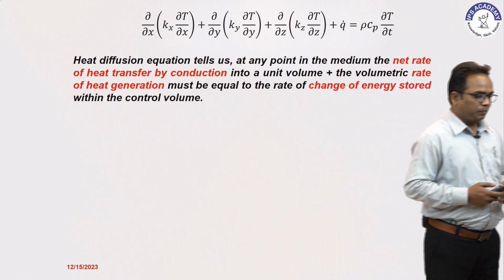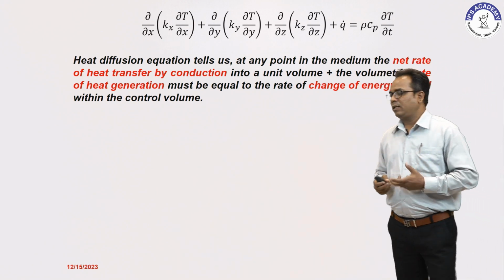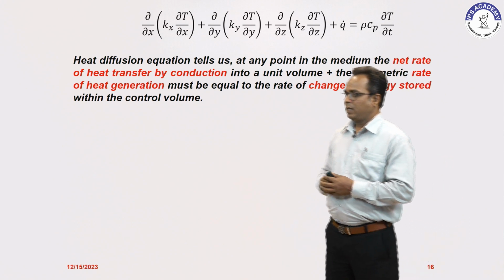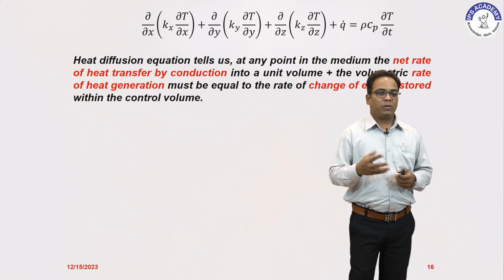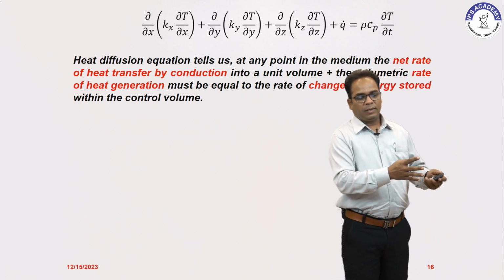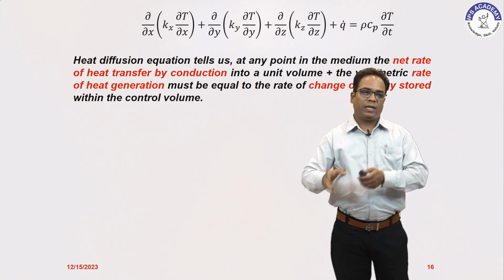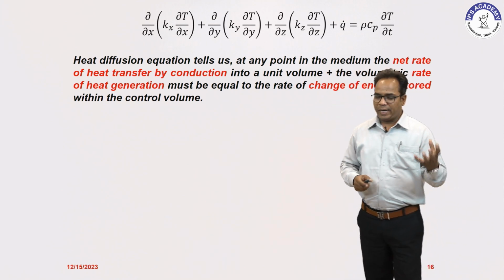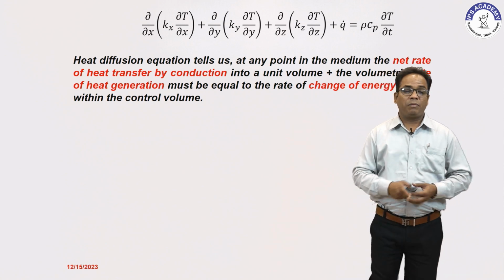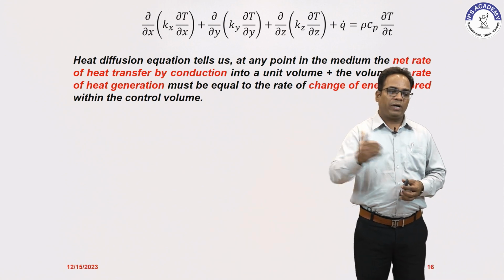So as I said, the basic difference between thermodynamics and heat transfer. Thermodynamics informs us about the quantity of heat at the initial stage and the final stage, or the energy which is stored within the control volume, and it becomes a point function.